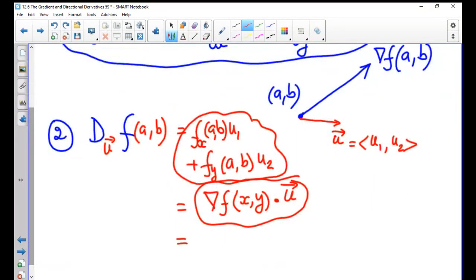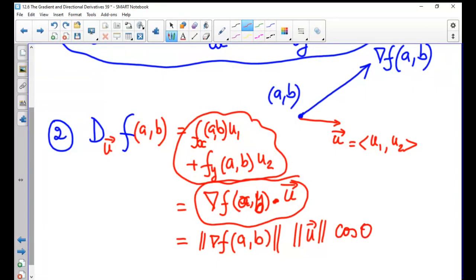And of course, we know that in general, when you have a dot product like this, you can write it as the magnitude of the first vector at AB, multiplied by the magnitude of the second vector, multiplied by the cosine of the angle theta between the vectors.